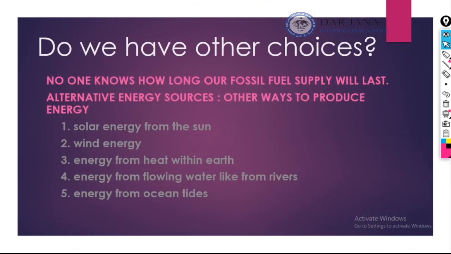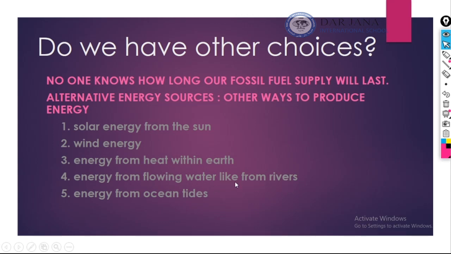As we said before, no one knows how long our fossil fuels supply will last, and for that, scientists are trying to find alternative energy sources instead. Here we have some ways that could be used to produce energy. We have the solar energy from the sun, as we said. We have the energy from the wind, energy from heat within the earth, energy from flowing water like from rivers.